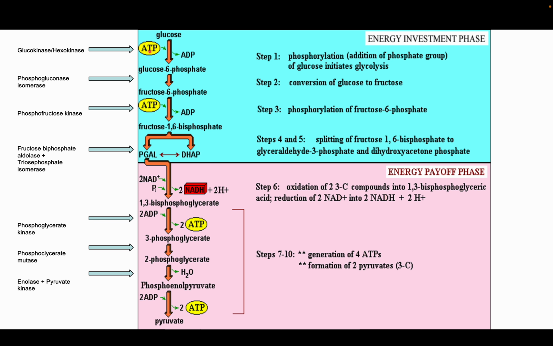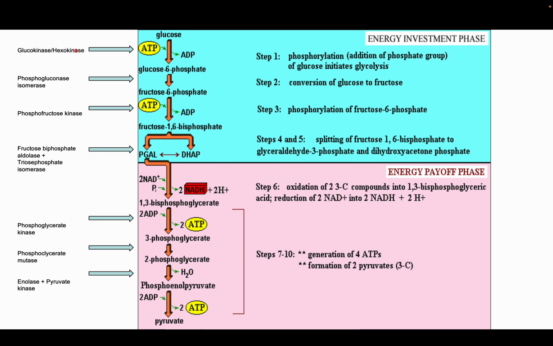The process is catalyzed by glucokinases or hexokinases. So kinases are enzymes that facilitate the transfer of phosphate molecules from a donor to a recipient. So phosphorylation of glucose allows for the formation of a phosphorylated glucose intermediate, glucose 6 phosphate.